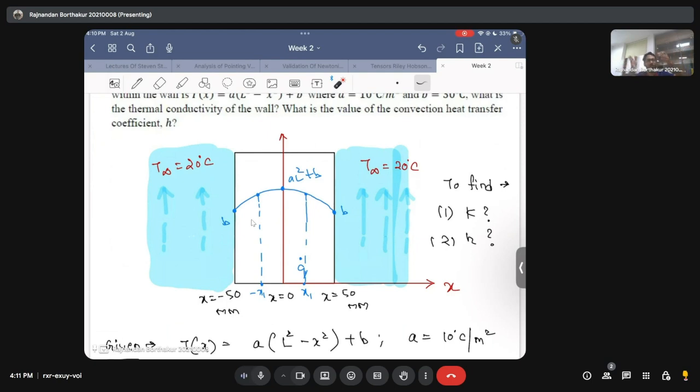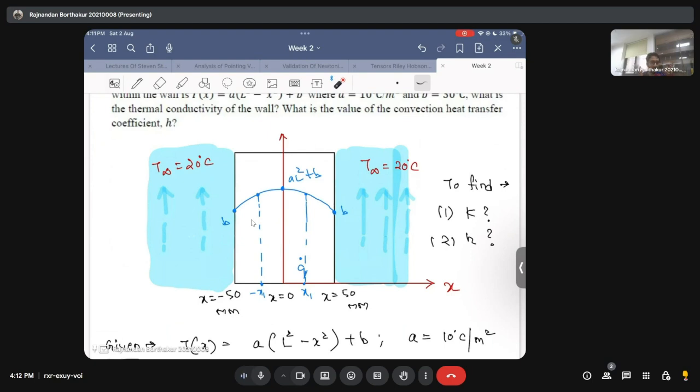So you are bound to have a maximum temperature inside because heat needs to be dissipated. As you move from the center line towards the edges, your temperature would symmetrically decrease, and it should reach a point where it will be lowest at the edges and maximum at the center line.